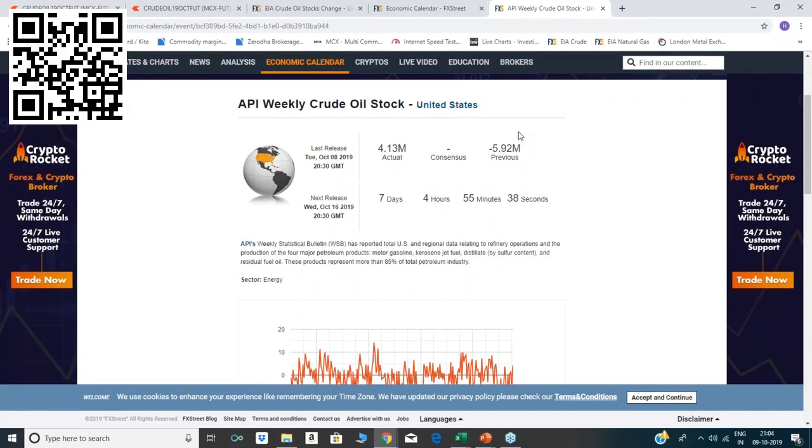Previous API data is minus 5.92 and the actual is plus 4.13. So it's a huge difference, it's more than the previous one, and the forecast is not given. So as it is more than the previous one, it should go down, but the price has already reached its target, so it is not showing a further downward journey.